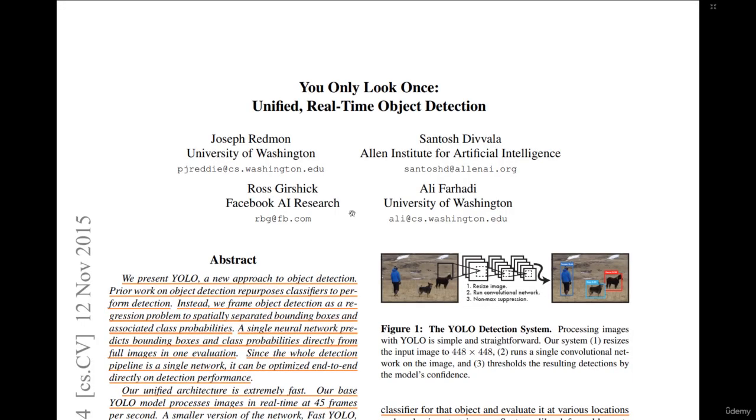The next model we shall be working with is the very popular YOLO model, which stands for You Only Look Once. That's Unified Real-Time Object Detection, by Joseph Redmon, Ross Girshick, Santosh Divvala, and Ali Farhadi, developed in 2015.